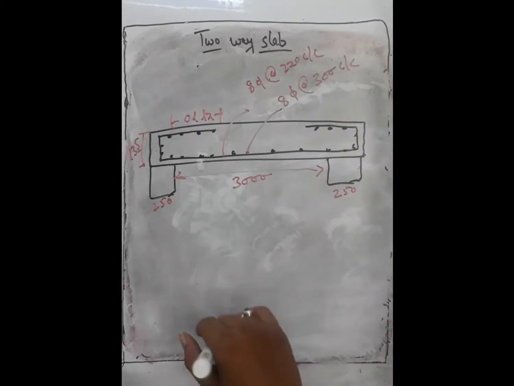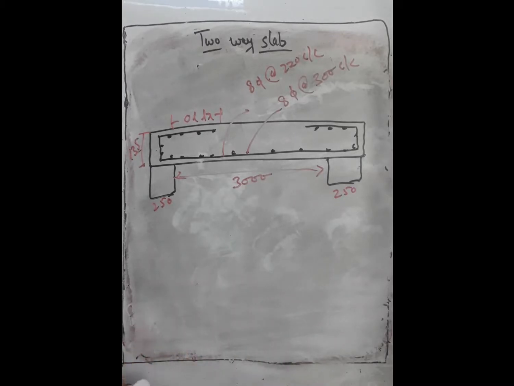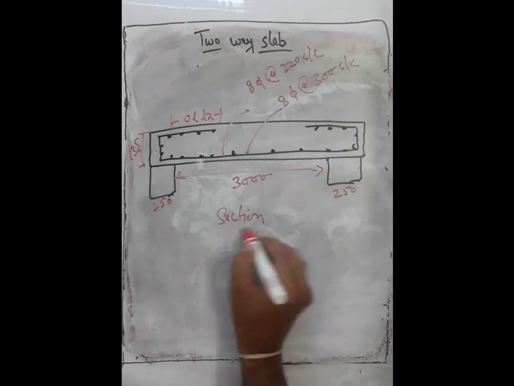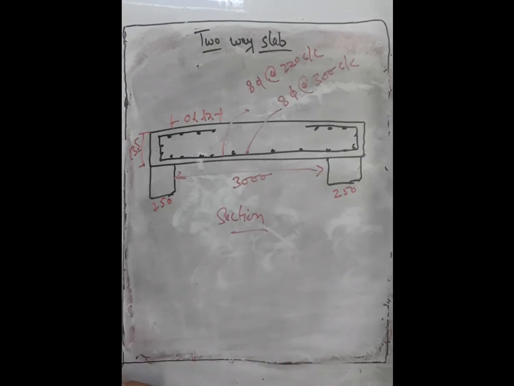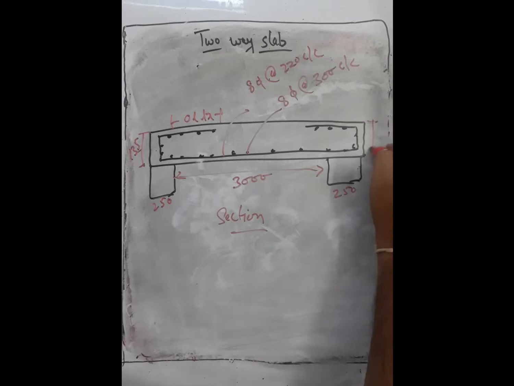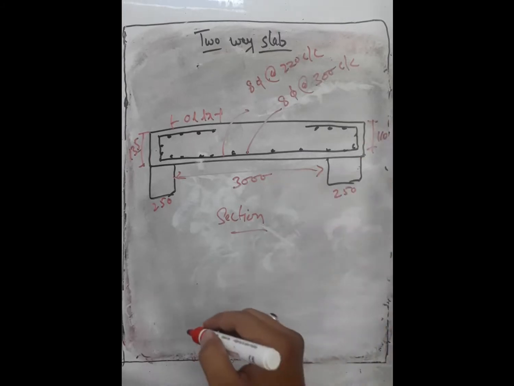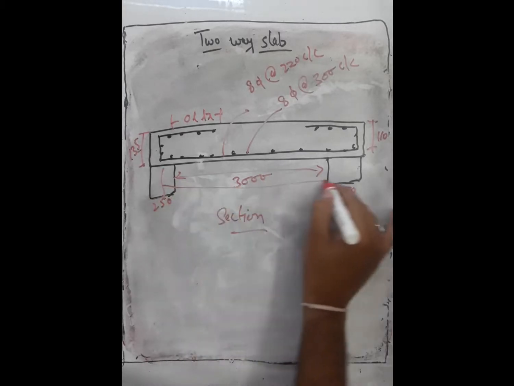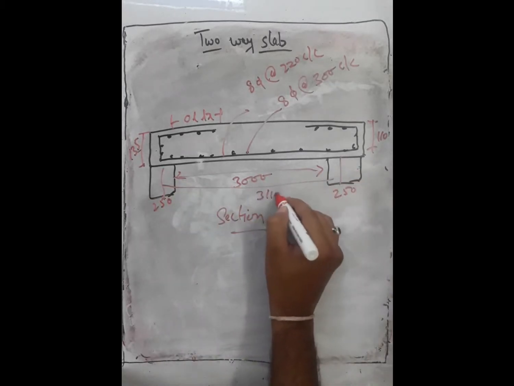Okay, so in this way we have designed the section of reinforcement. You can also show small d as 110. Okay, and if you want to show the effective span, then the effective span is 3110 mm.